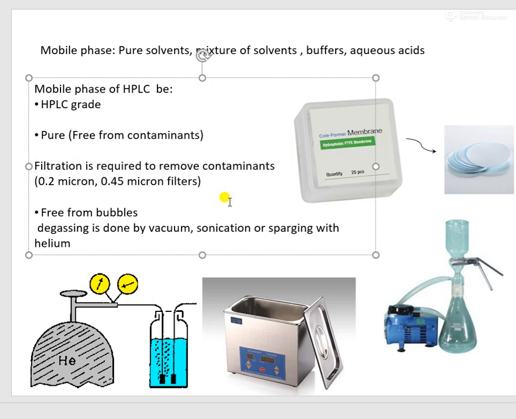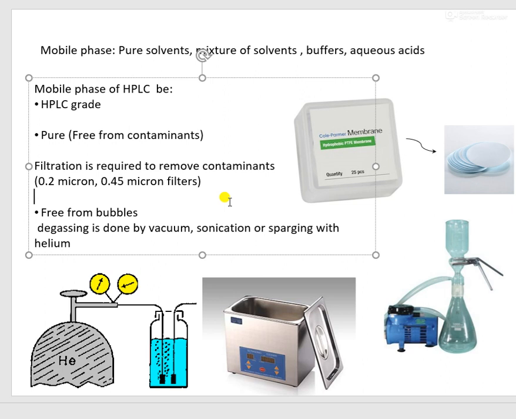Now, when to use 0.2 micron? Suppose you are filtering buffers. Better you go for a 0.2 micron filter, because buffers are nothing but solid particles which you are dissolving in an appropriate solvent. So if any undissolved particle is there, that can be very well removed by 0.2 micron filters. 0.45 micron filters are generally useful for neat solvent.